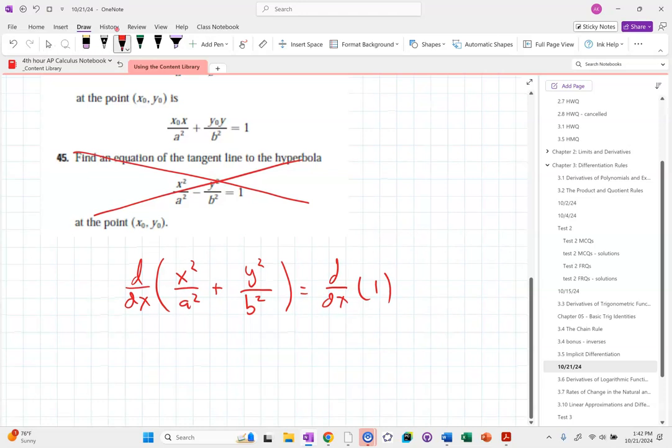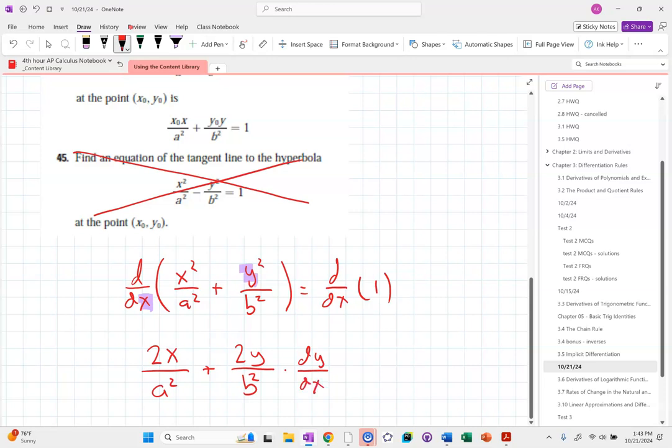So if I do the derivative of x squared over a squared, that's just going to be 2x over a squared. And the derivative of y squared is going to be 2y, and then I have over b squared. But because I'm differentiating a y with respect to x, it also creates a dy dx, and the derivative of 1 is just 0.